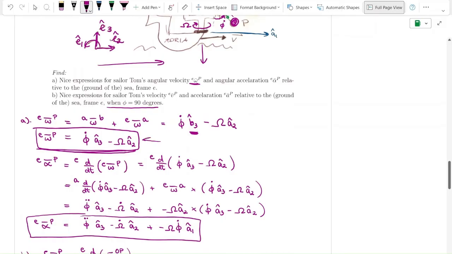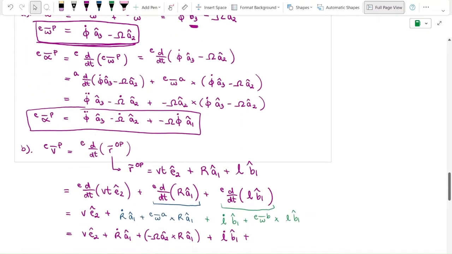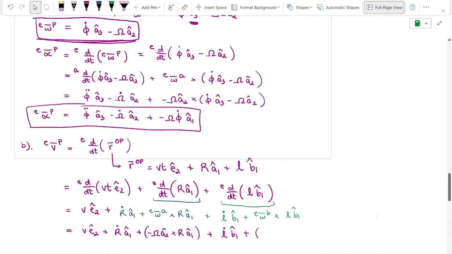That is equal to the angular velocity of P with respect to E, because when we write this, we are basically saying this is the angular velocity of the B frame with respect to the E frame. So we can write this as phi dot A3 hat minus omega A2 hat crossed with LB1 hat.